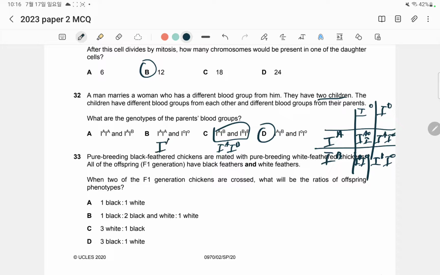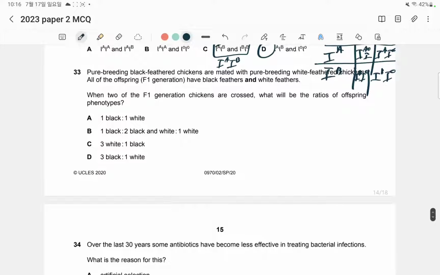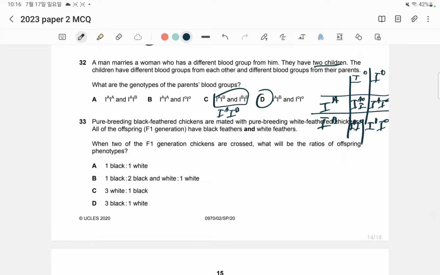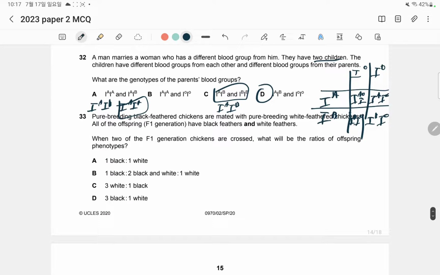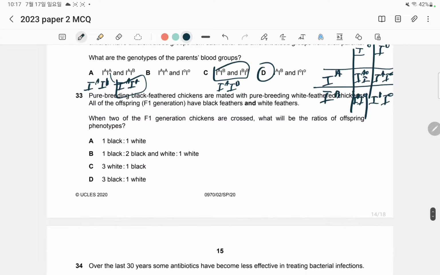In this case, the children will be both blood type A. And now, for this case, the children can be either AB or A. But if they were to be blood group A, it would be same as their parent. So it would not meet the conditions stated in the question. So the correct answer is D.